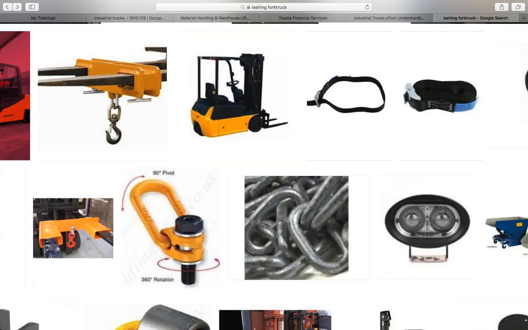The old adage about a chain is that it's only as strong as its weakest link. We have to check every single link to make sure that it's not twisted, not stressed out, not bent, whatever the case is. So the ergonomics, the weight, and the inspection link by link.